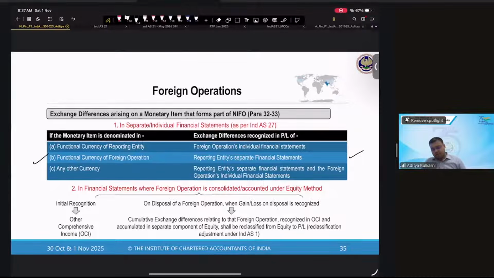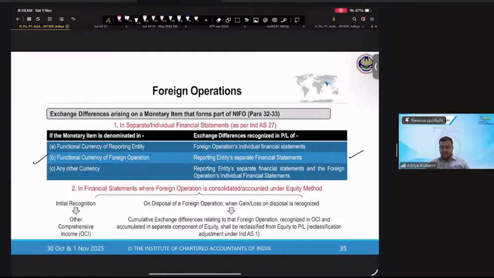What does it mean? In our example, I gave the loan in US dollars. I gave 100 US dollars as a loan. This US dollar is the functional currency of the foreign subsidiary or foreign operation. So in whose books did the exchange difference come? It came in the books of the parent entity.